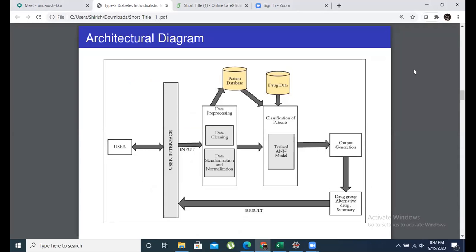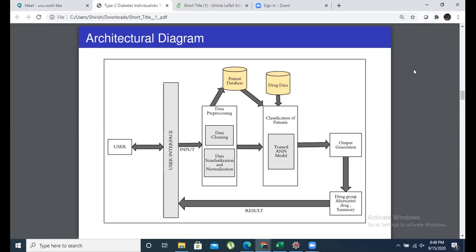The input is the patient's history, that is weight, height, and other things, and this data will be pre-processed, with data cleaning, data normalization and standardization.